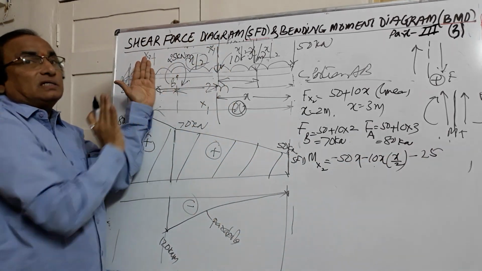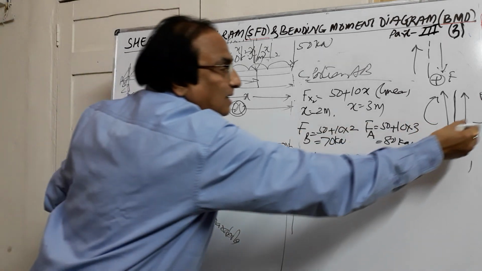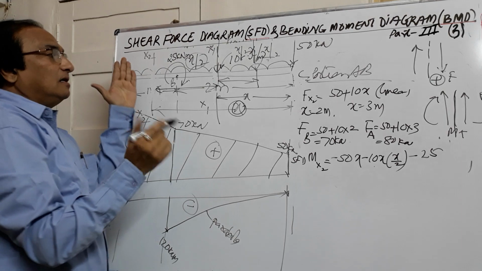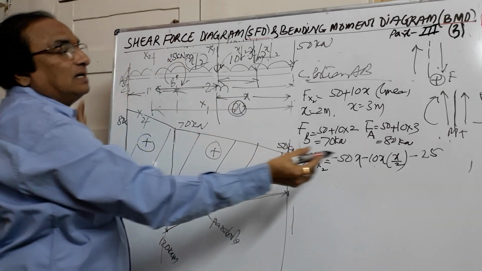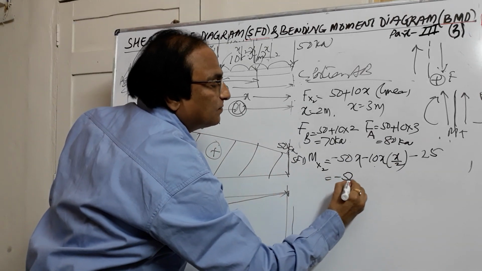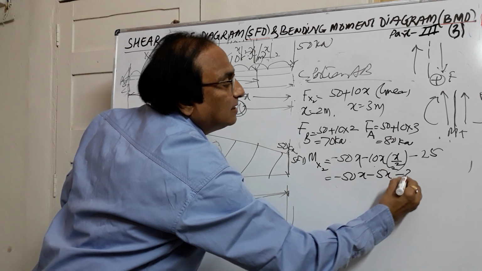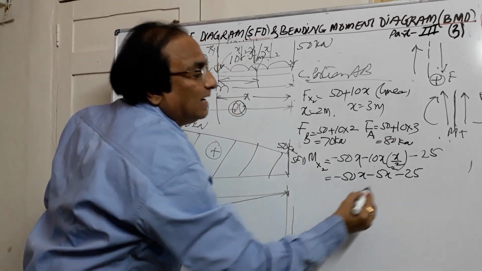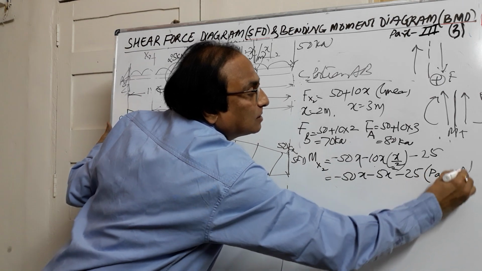Don't multiply by the distance. That is the moment. So if it is anti-clockwise on the right hand side, the moment would have been positive. Since it is clockwise on the right hand side, the moment will be negative. So this equation will be minus 50x minus 5x square minus 25. And this, if you see, it is x to the power of 2, so it is a parabolic distribution.